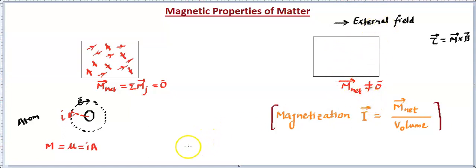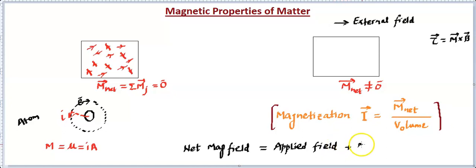So we can write over here: the net magnetic field in the material is going to be equal to the vector sum of the applied external magnetic field plus magnetization.